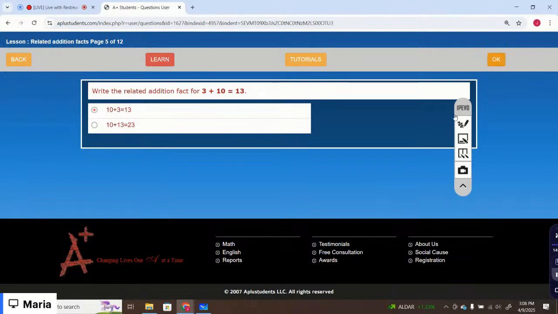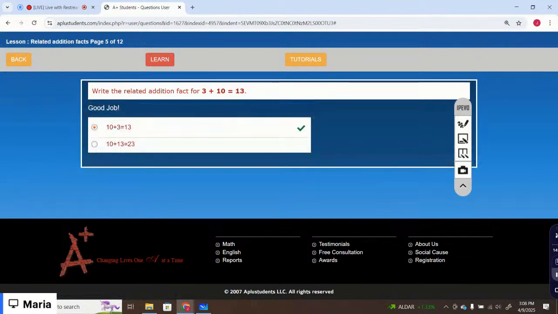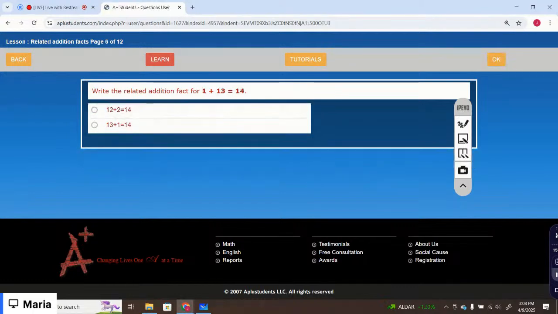Option number 1 is the correct option. Write the related addition fact for 1 plus 13 equals 14.